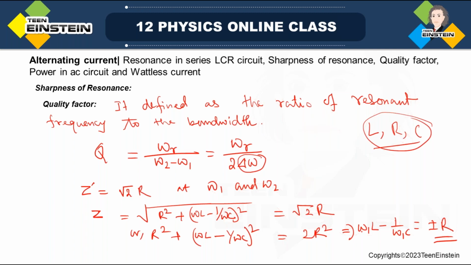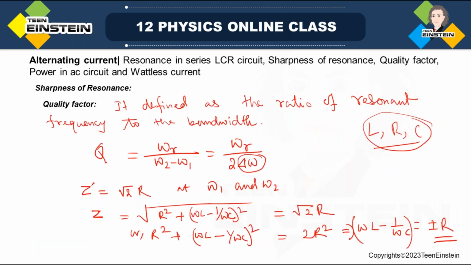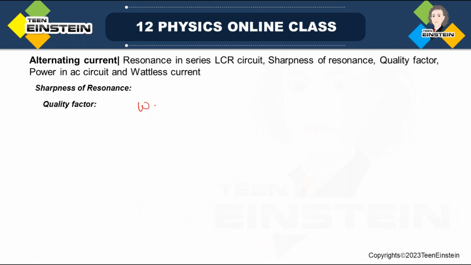I can take minus for omega 1 because of the C, the current is this side, so I can take anything. So we get omega L minus 1 over omega C is equal to plus or minus R.